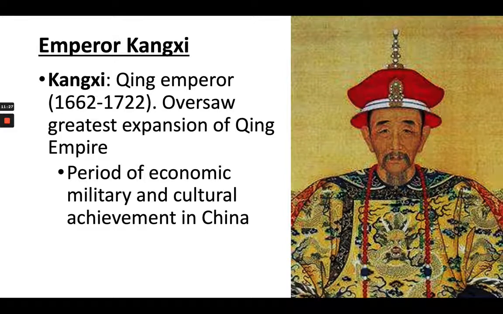So one of the big Qing emperors you need to know for this time period is Yangzi. He is going to oversee the greatest expansion of the Qing Empire. And he rules over a period of economic, military, and cultural achievement in China.